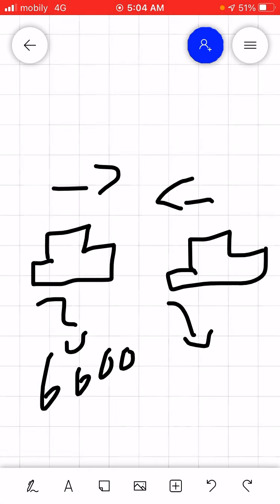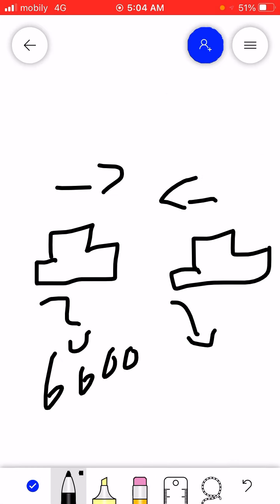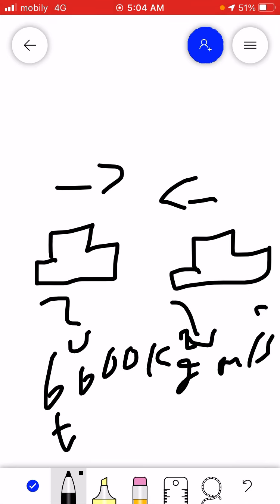So, total mv, you can write it as 6,000 kg² m/s².